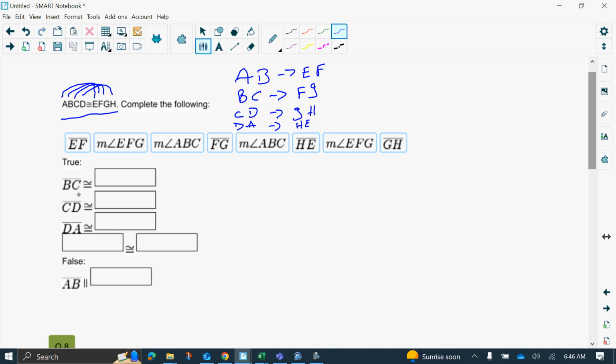So since BC matches FG, FG goes there. CD matches GH, so GH. DA, so HE. The angles match.